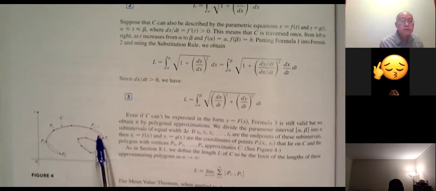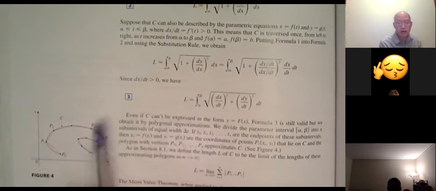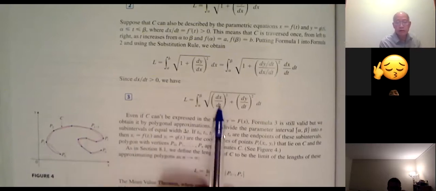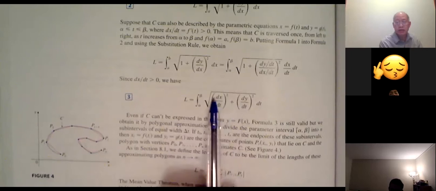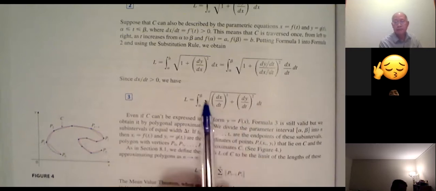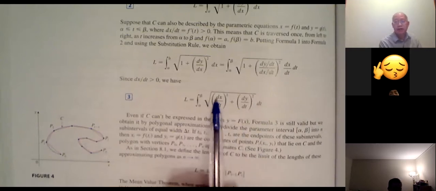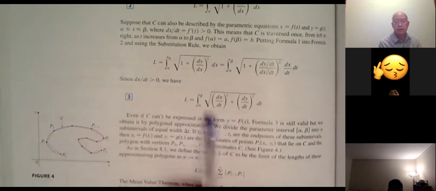So delta x squared plus delta y squared equals delta s squared, the little change in arc length. If you take the square root, in the limit it's dx and dy. And then you, quote unquote, divide inside and outside by dt. So this is radical (dx/dt) squared plus (dy/dt) squared, dt. And again, you can put that on your next formula sheet.